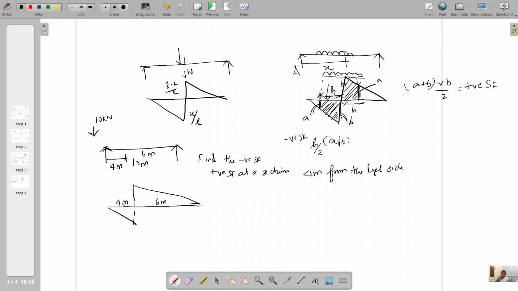With the available distances, we can calculate x by L and (L minus x) by L. So what is x? X always should be from A because the load is traveling from left to right.